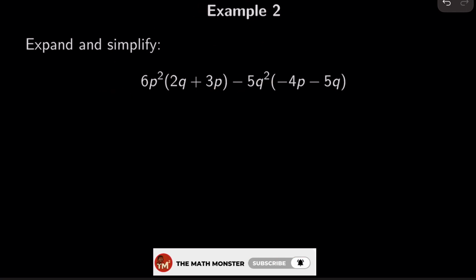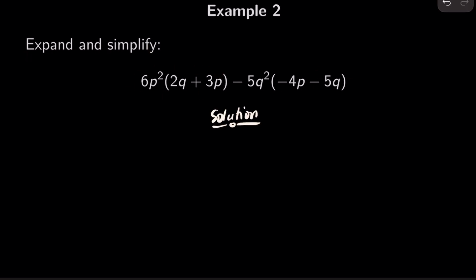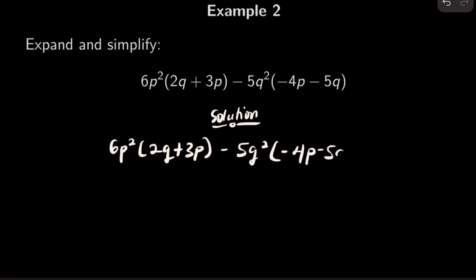Example 2, we have to expand and simplify this expression. So here we have 6p squared(2q + 3p) - 5q squared(4p + 5q). And so we have to distribute the terms.